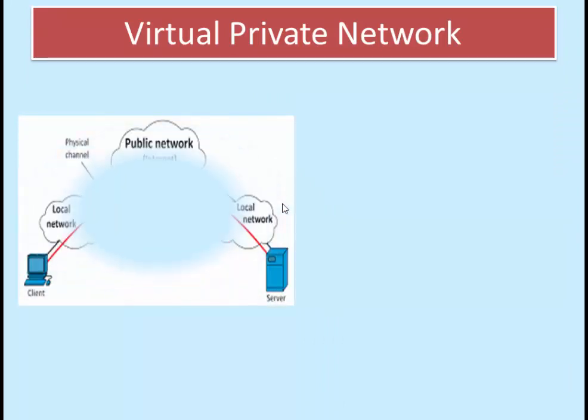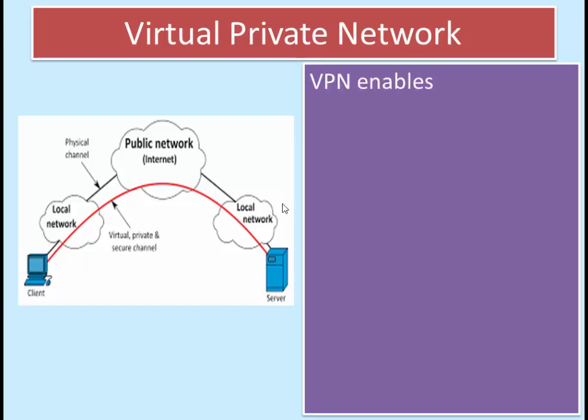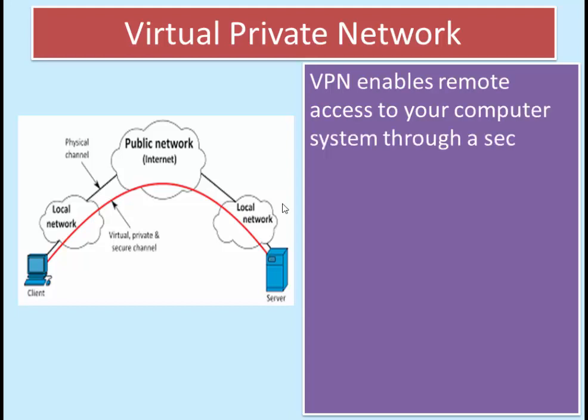Virtual private network. So what is a virtual private network? This is actually a very secure way of connecting your computer to the network. A VPN, virtual private network, enables remote access to your computer or remote system through a secure pathway.